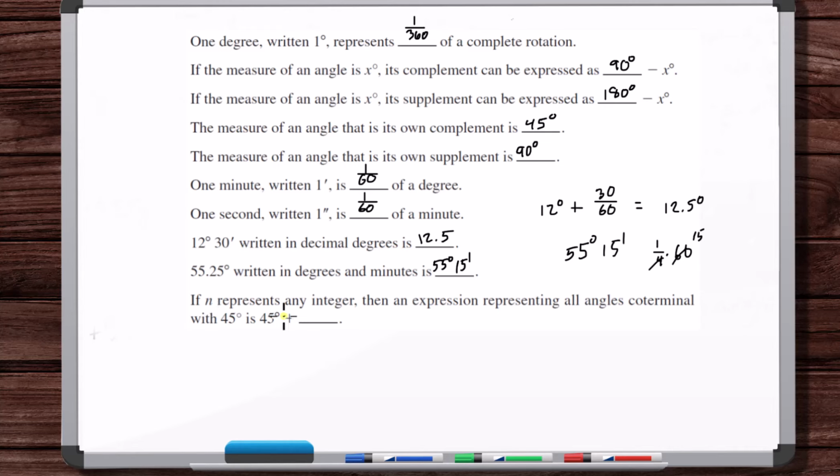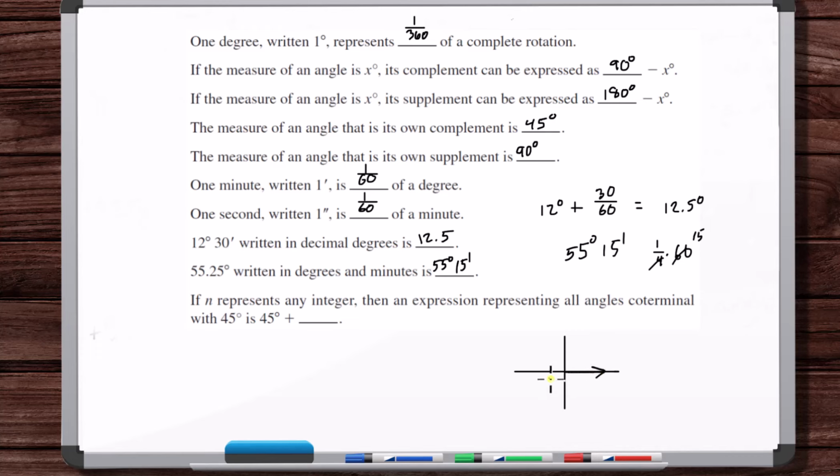If n represents any integer, then an expression representing all angles coterminal with 45 degrees is what? What does coterminal mean? Co means like the same. So if you think about an angle in standard position, you've got the initial side along the positive x-axis.